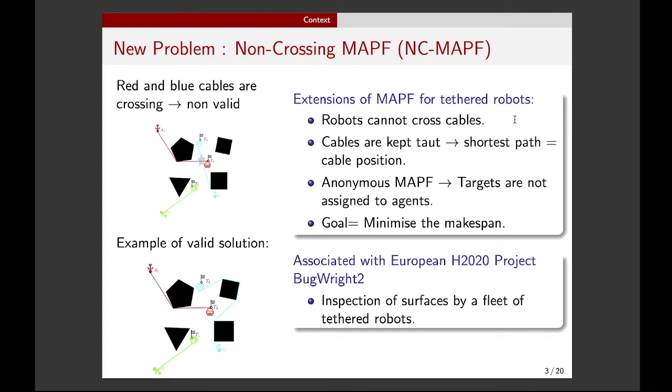We assume that the cable is always kept taut while the robot is moving. Therefore, when we talk about the shortest path, it's also the position of the cable, and the targets are not assigned to the agents in advance, so it's anonymous.